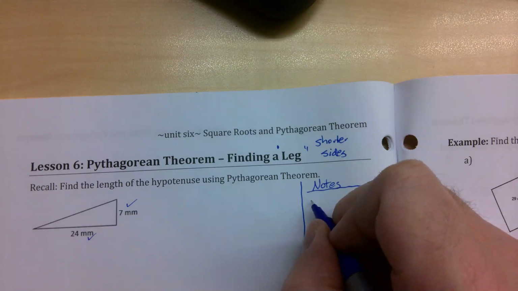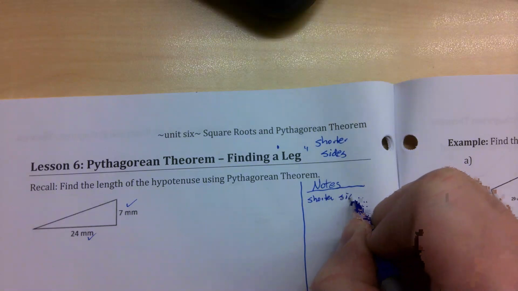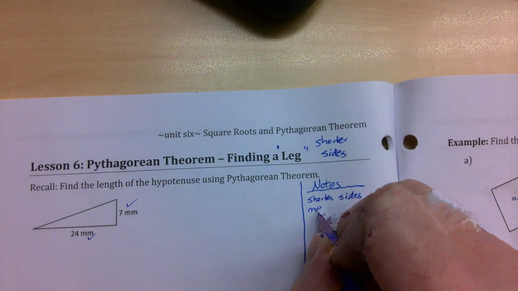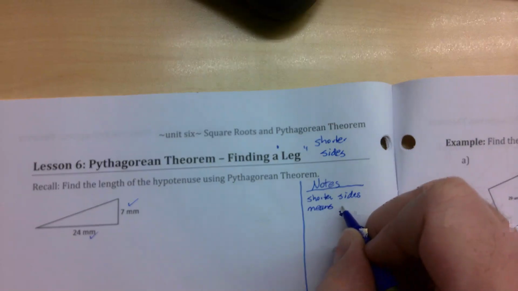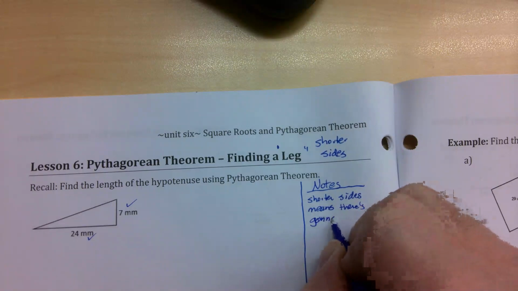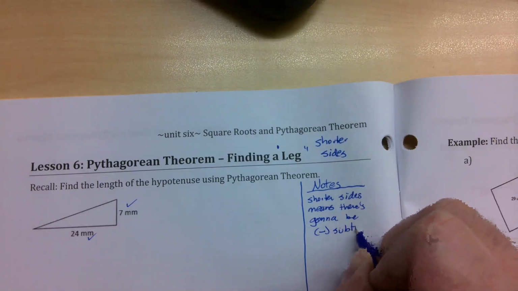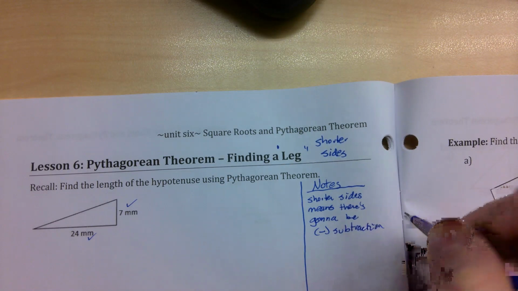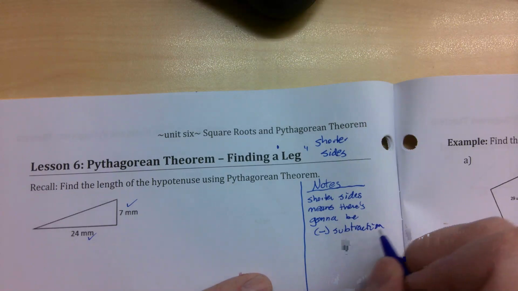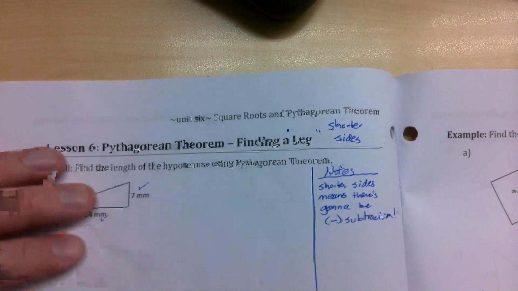If you're finding one of the shorter sides, there's always going to be subtraction as one of the steps. There's always going to be a subtraction.